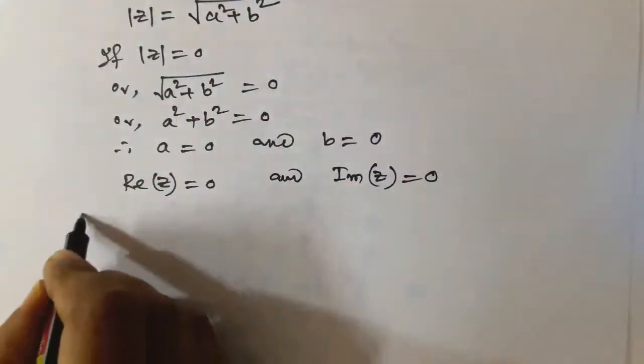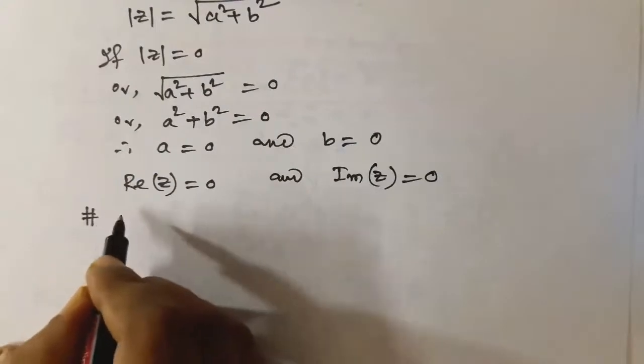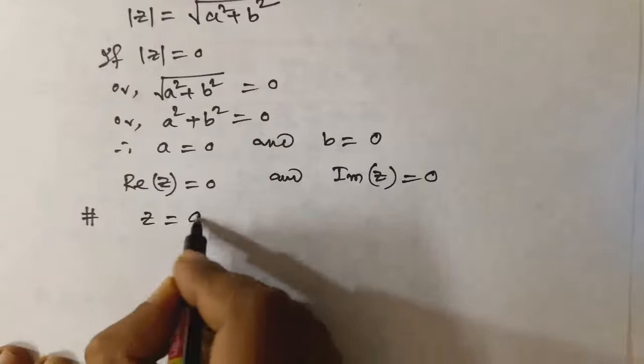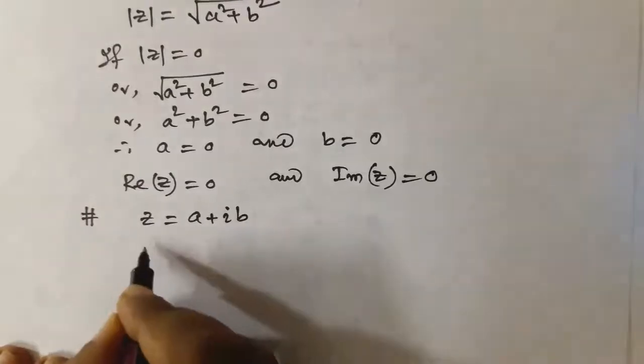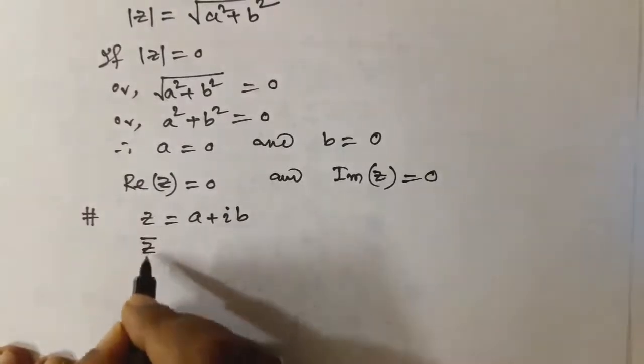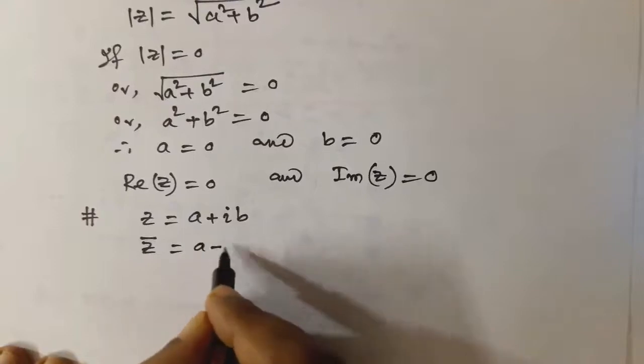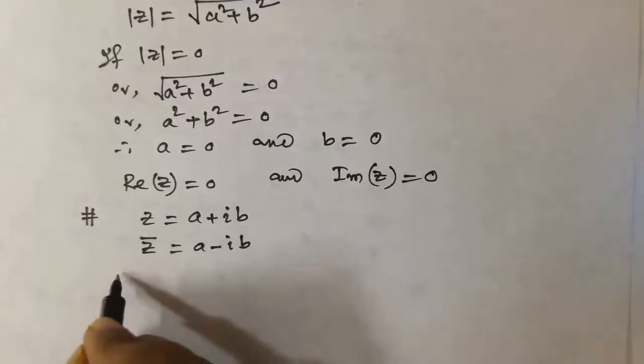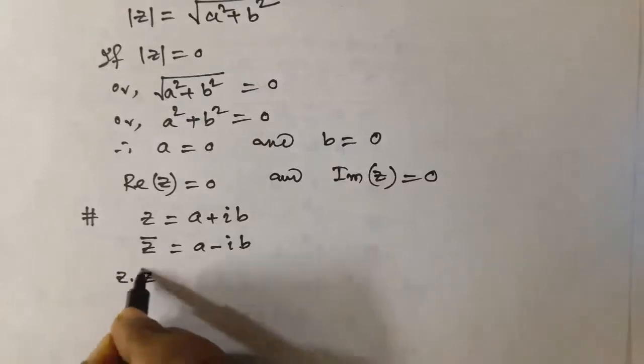Now we shall show another property. Let us consider that again z is equal to a plus ib. Then what is z bar? That means the conjugate of z. This is equal to a minus ib. Now we multiply both of them, z into z bar.